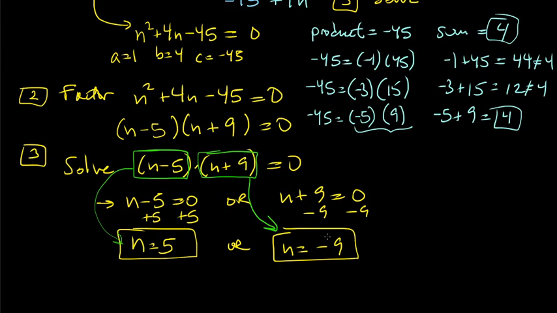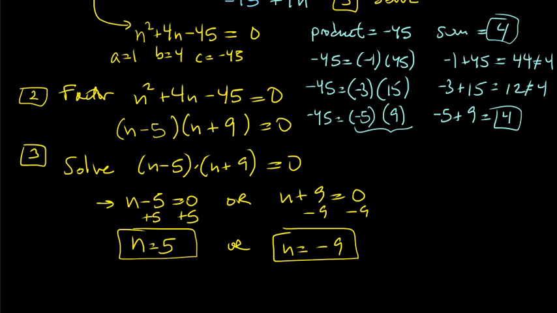The solution will have the opposite sign as the factor. One's a plus, one's a minus, and we know that simply because we're doing the opposite. Instead of n plus 9 equals 0, we have to subtract 9 from both sides. That gives us the negative 9.